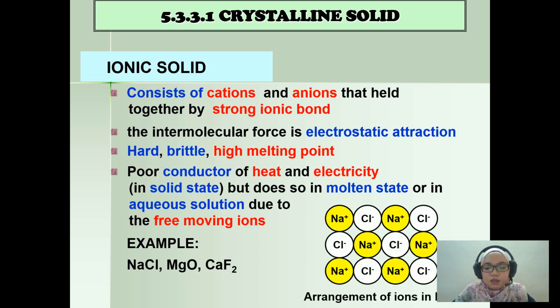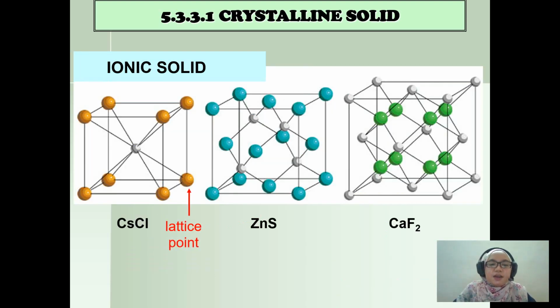This is an example of the arrangement of ions in sodium chloride lah. So this is what we call ionic solid. Ionic solid, contoh macam garam tu lah kan. Garam kita tu ionic solid lah, because NaCl kan. Ionic solid dia arrange macam ni lah.